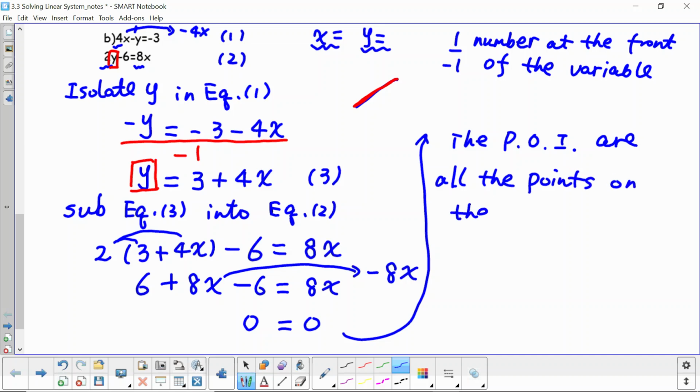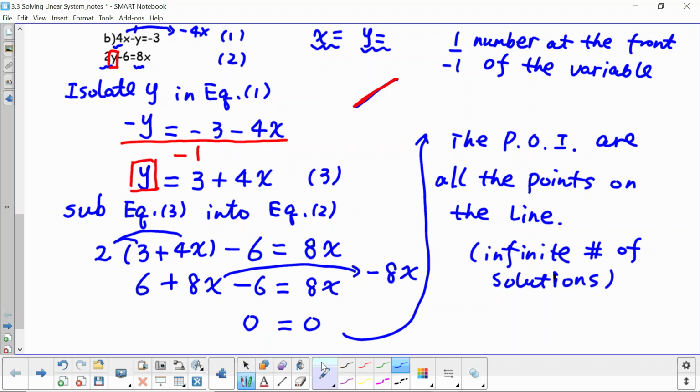So the two lines are the same. You have an infinite number of solutions. So any points on the lines will be a solution and will satisfy these two equations.